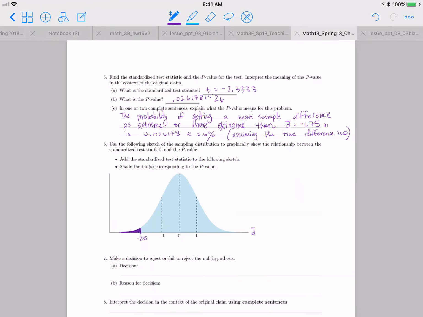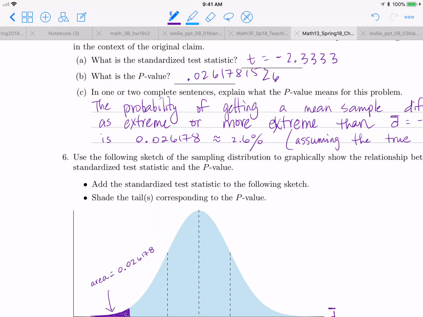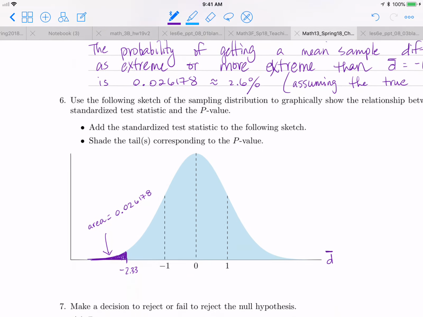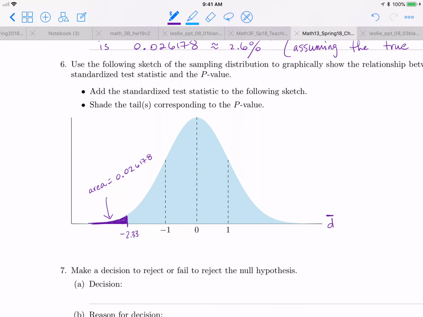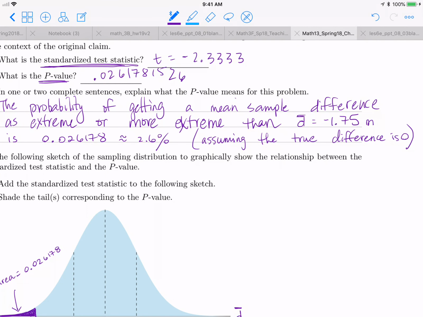So I'm shading the area to the left, and this area is going to be equal to 0.026178. Okay, so that's how we're connecting the p-value to the standardized test statistic. It's the probability that you would get an average difference as extreme or more extreme than what we got.